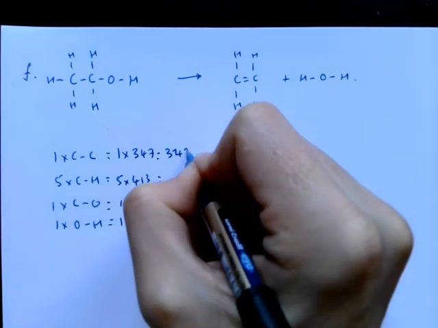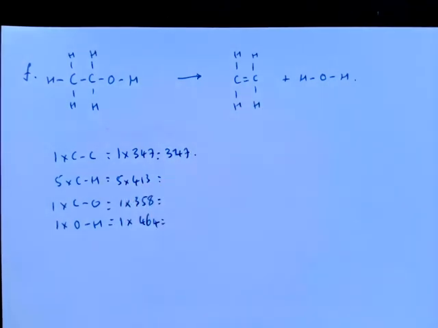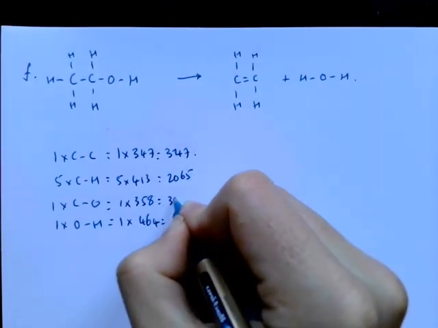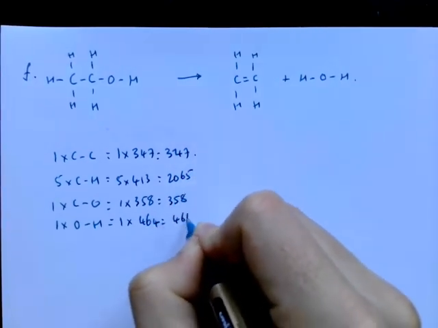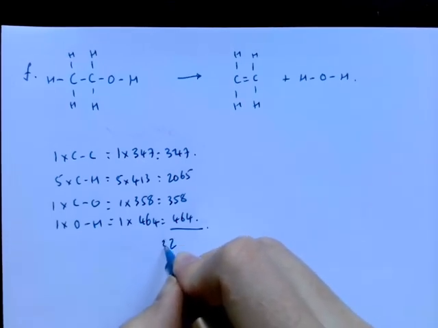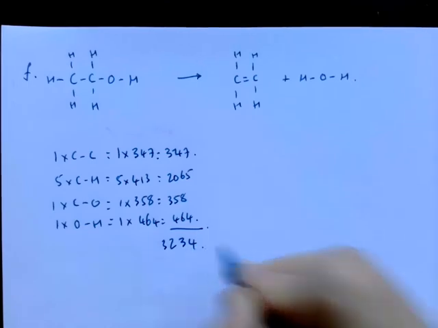So that's 347. 5 times 413 is 2065. That's 358. That's 464. If I add those up, I get 3234.